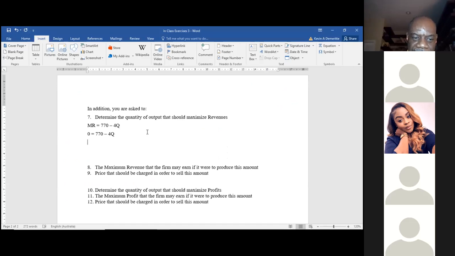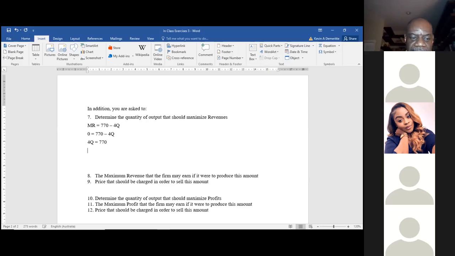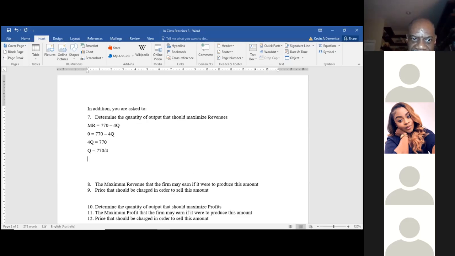So I put a 4Q over here. 4Q equals 770 minus 0. I moved the 0 over, but anything minus 0 is just itself, right? Okay. So then Q must be equal to 770 divided by 4.